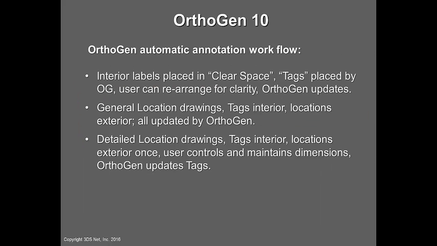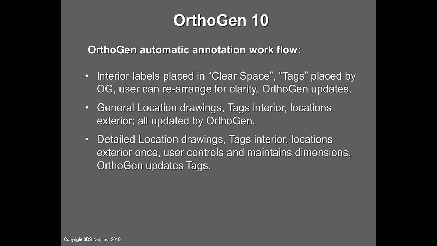OrthoGen 10, the new interface. Let me talk a little bit about the workflow. We've got special operations that place labels interior in the view: instrument tags, equipment numbers, and such. You have the option to have it search for a clear space for the label. On a busy drawing, you'll probably want to do some rearrangement for clarity.